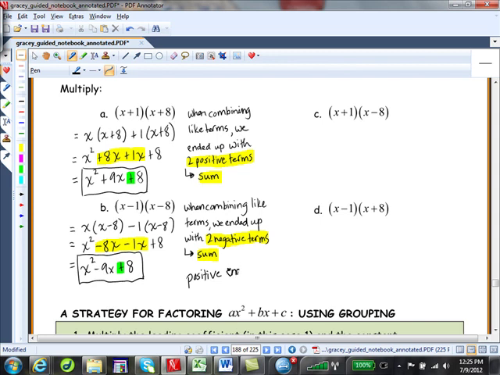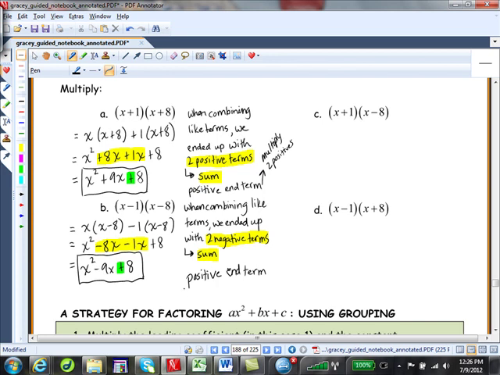I'll call it the end term, which was the result of a product. We had a positive end term in both of them. What is the way to get a positive end term when you have a product? In the first case, we had to multiply two positives.